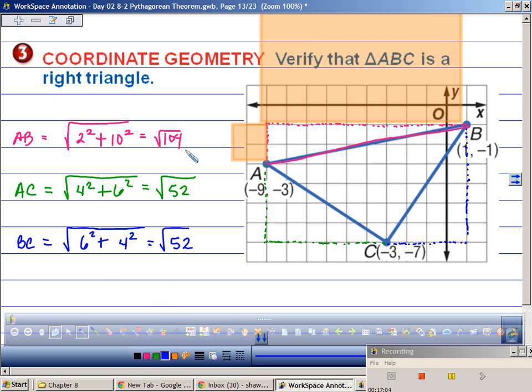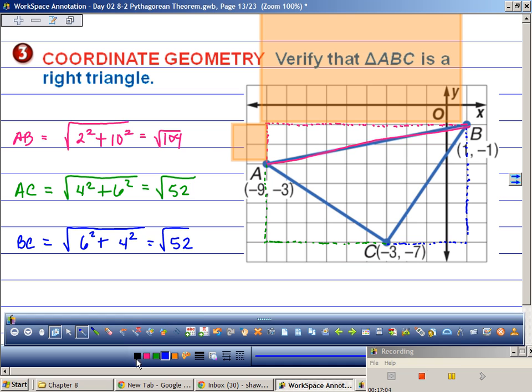Okay, so how do I figure out, first of all, which one's the longest one? AB, so that's C. It doesn't matter which one is A or B, because of the commutative property. So if I square, I should be able to add these two, and they should equal that one, right?